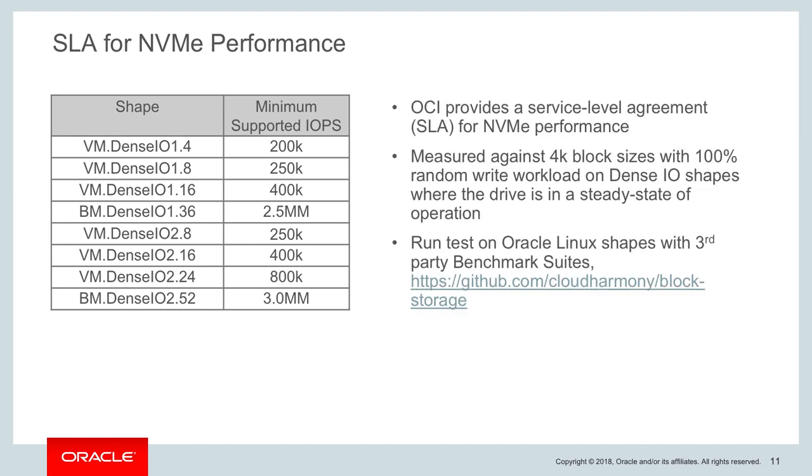All the tests, like I said, were executed using a 4K block, with 100% random write, on all the dense I/O shapes. And you can access the Cloud Harmony tool on that GitHub repository to run your own tests.